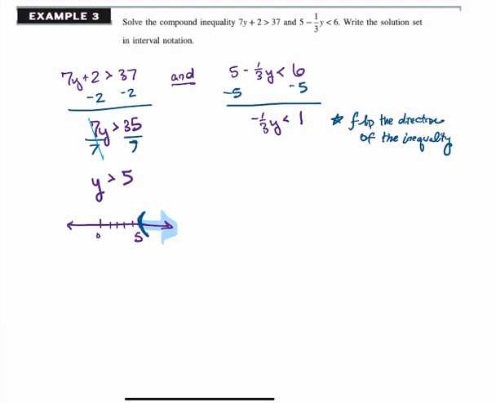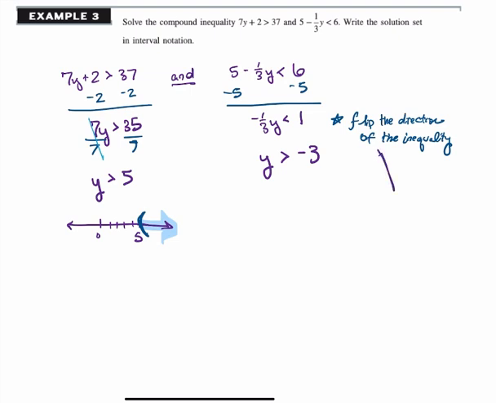Remember, if we divide both sides by a negative or multiply both sides by a negative, we have to flip the direction. So since I'm multiplying this negative 3 over, I'll get positive y on the left side, and instead of less than, I will say is greater than. And then this would be negative 3 times 1, or just negative 3.